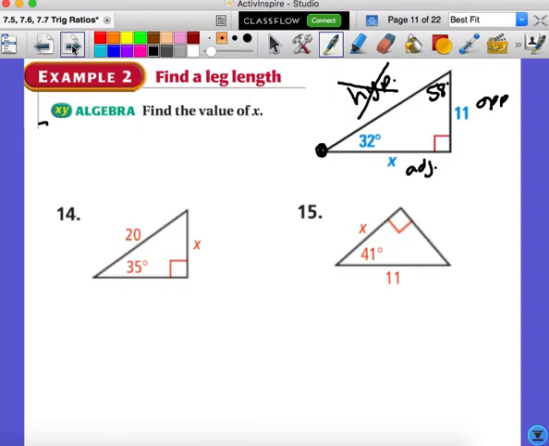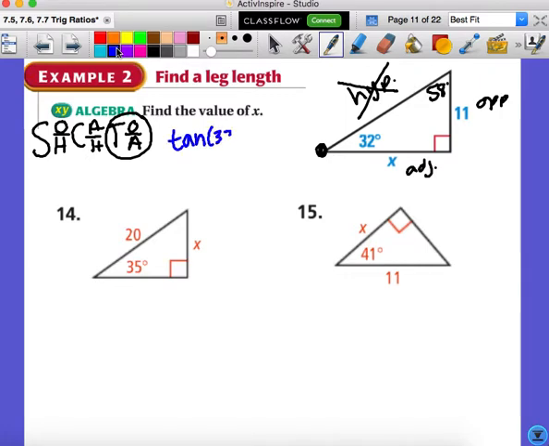So when I look back to SOHCAHTOA, I need a ratio that doesn't talk about the hypotenuse at all. So I need the tangent ratio, because those are the two pieces of information that I have. I have the opposite and I have the adjacent. So I'm going to start with tangent from my viewing angle should equal my opposite over my adjacent.